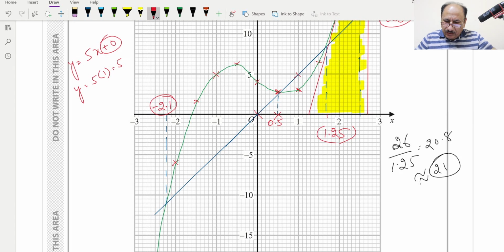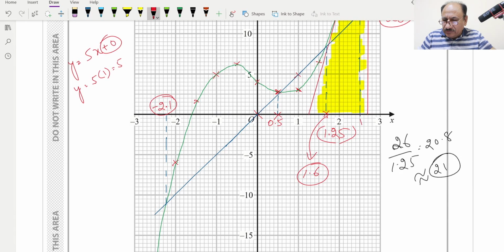The next reference is this point, which is 1.6. So I will write here 1.6 for you, and this point will be 2.5.